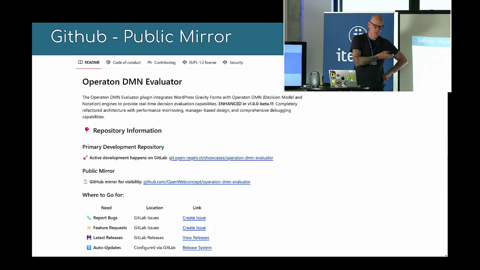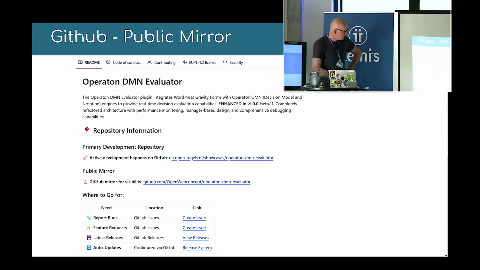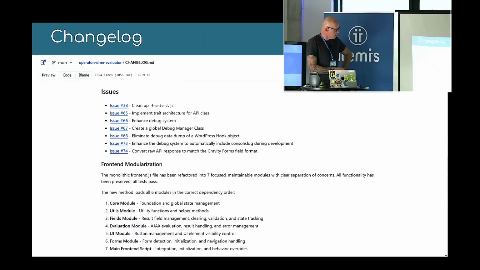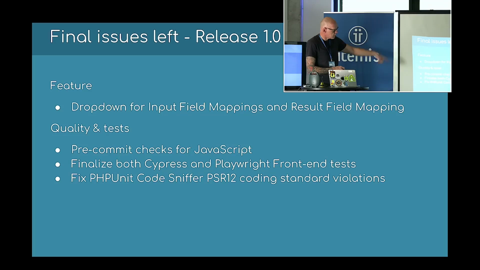So with this one up and running early next year, all those 30 municipalities will by default have Operaton capabilities in their Gravity Forms available. So look around on this one. I try to invest a lot in the changelog. I'm already in, what is it, version 18 or something like that. And eventually, I expect early next year to have a first 1.0 release.